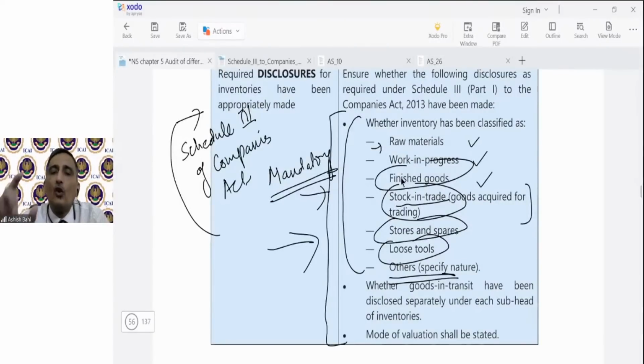So only those points would be asked which justify the marks of the question. Obviously either you would be asked to write about completeness, or you would be asked to write about rights. If you are asked about completeness and it is a 4 marker question, then you can write any 4 points.